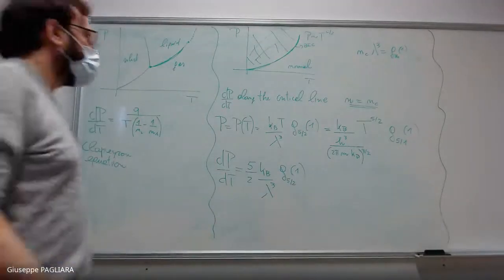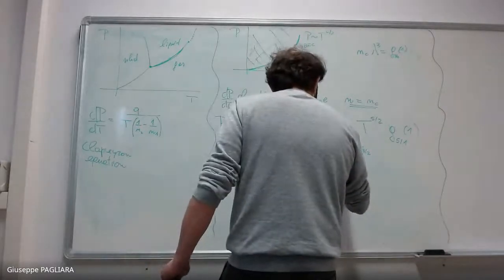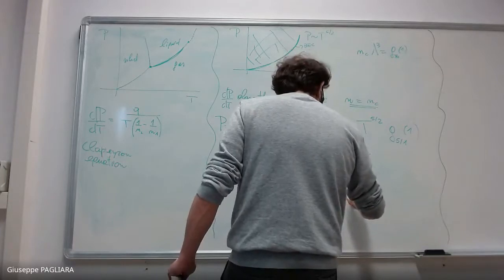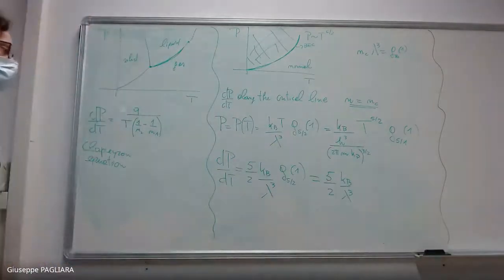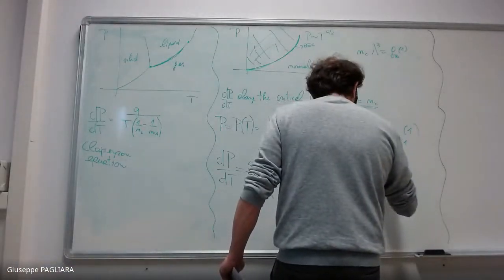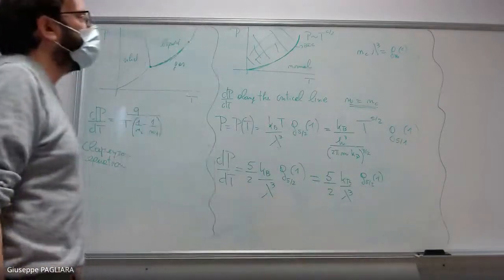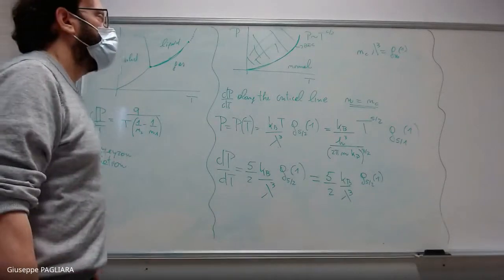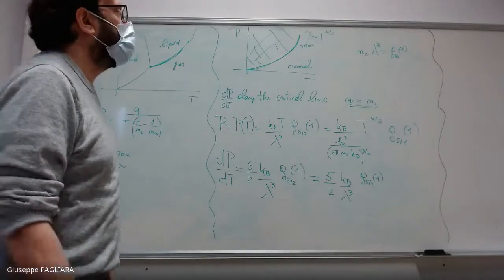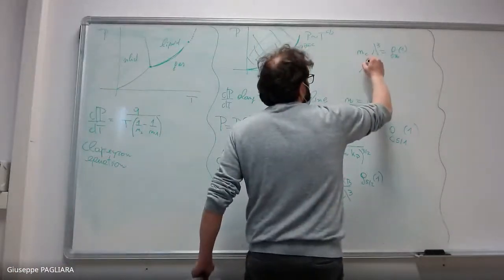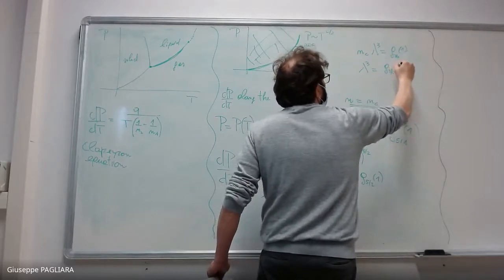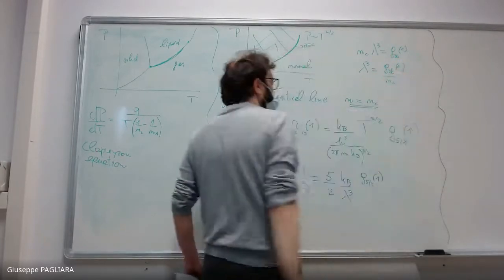Therefore, here I can write this as 5/2 k_B divided by lambda cubed, g_{5/2} of 1. And let me put a 1 here in this fashion. Well, I can also derive the lambda cubed from here: g_{3/2} of 1 divided by N_C.